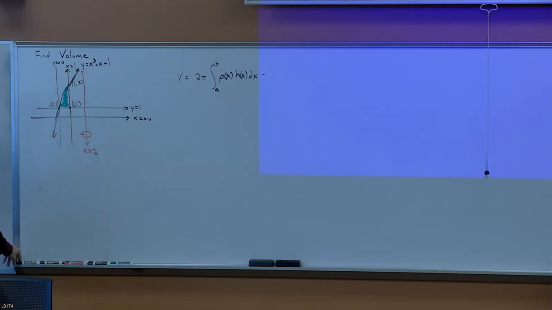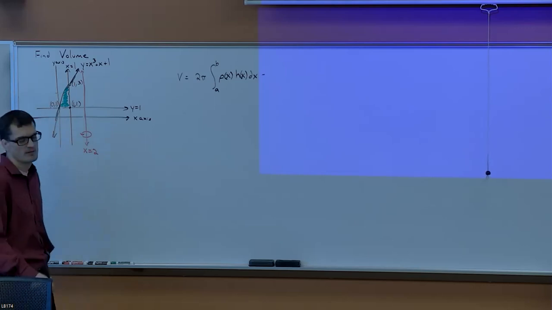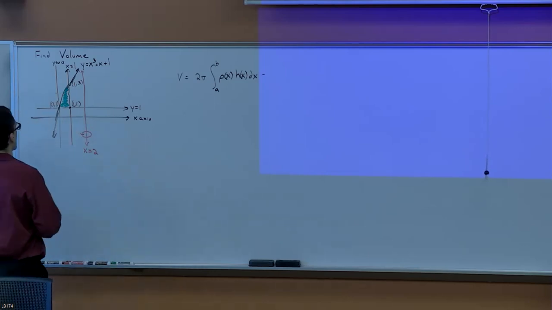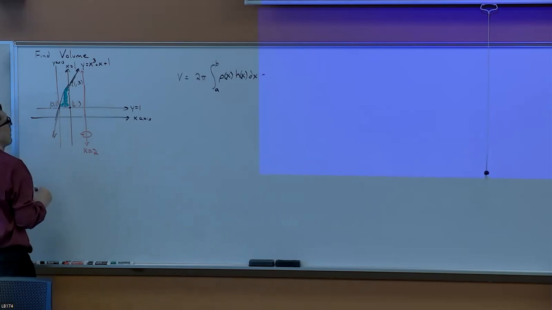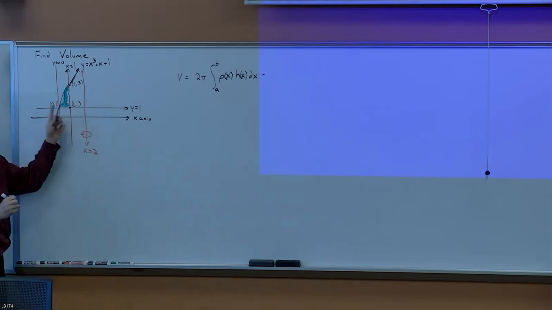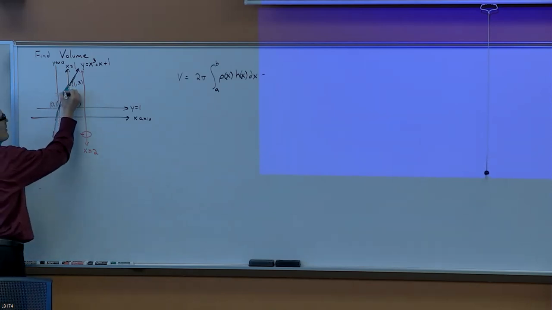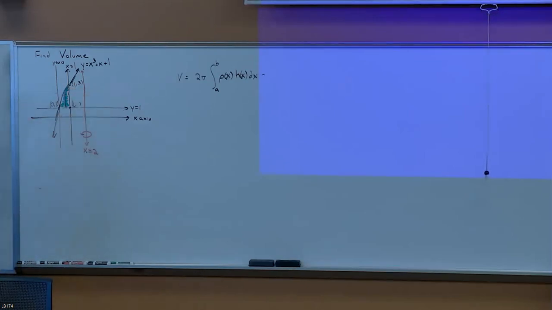Now we're revolving around a vertical line. So with the shell method, our Riemann rectangles are going to be parallel to the line we're rotating around. And so we're integrating with respect to x.